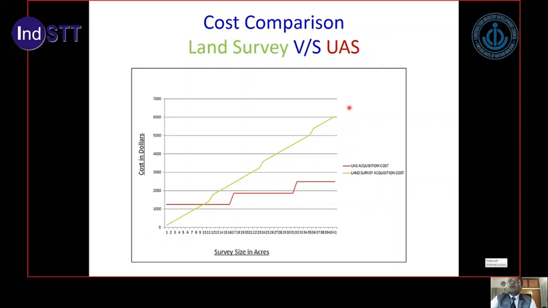So it's a linear function. But in case of a drone, it is not a linear function. You can see that the cost almost remains the same if there is not much variation in the area. Even if you go from 1 acre to, let us say, 41 acres, there is not a significant increase in the cost. So we can save a lot of money from this.